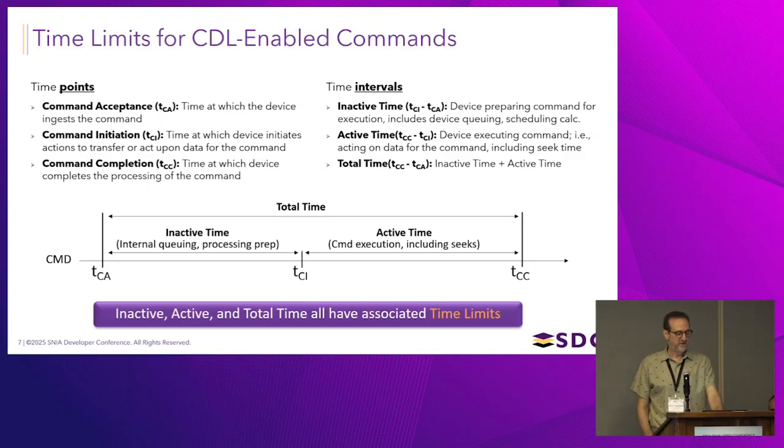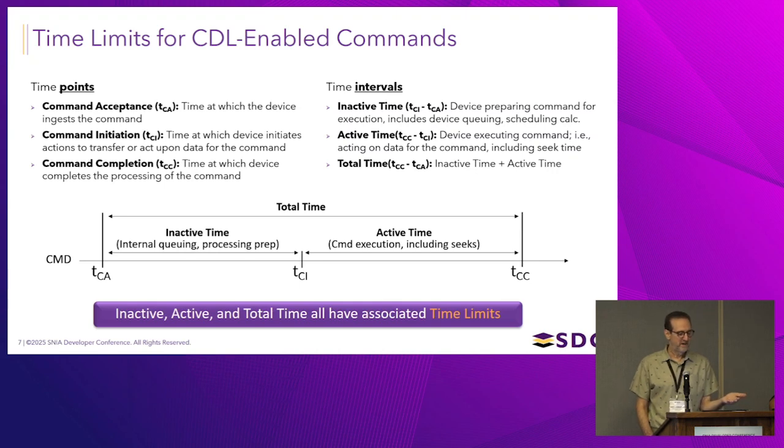If you look at the intervals here, total time, inactive time, and active time, inactive is the time from when the command is ingested to when it's ready to be run. That includes internal queuing in the device.